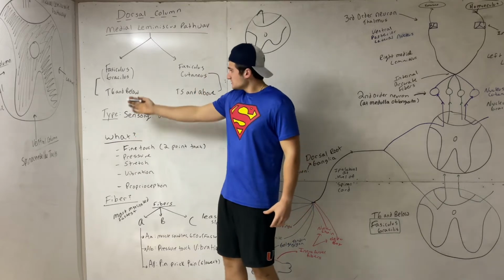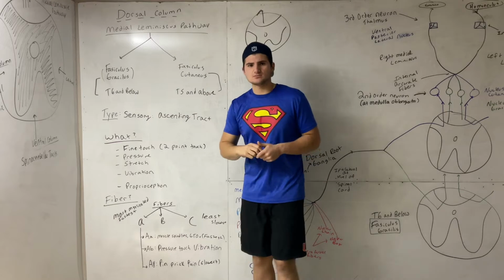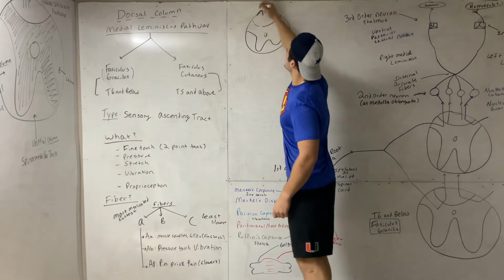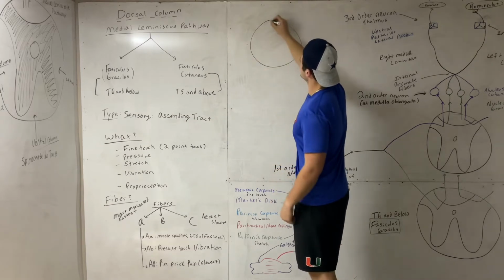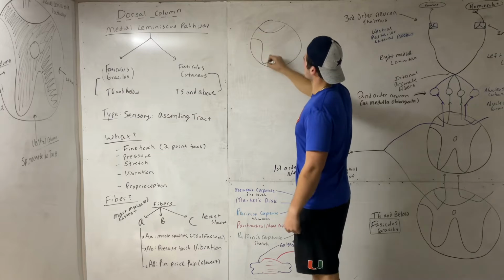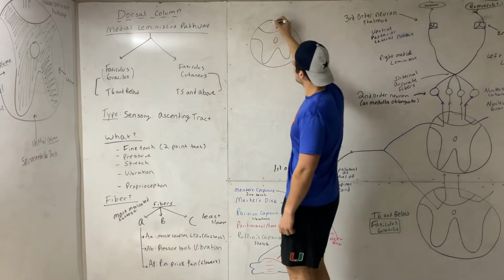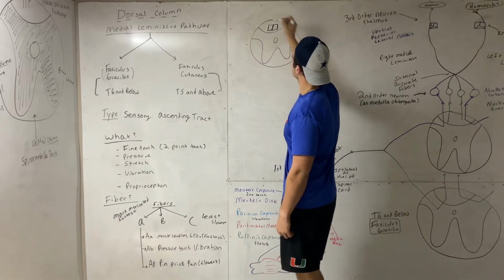The Fasciculus Gracilis and the Fasciculus Cuneatus. What does this mean? Let me redraw real quick. We have our guy, right? So you know this is the dorsal column. We're going to have a tract like that and another tract like that.